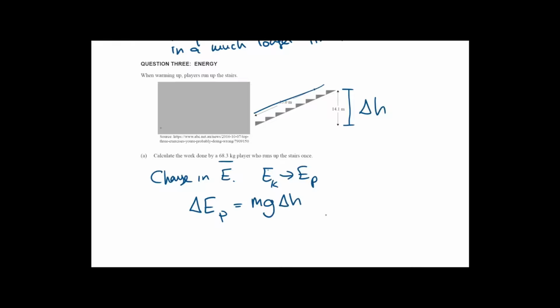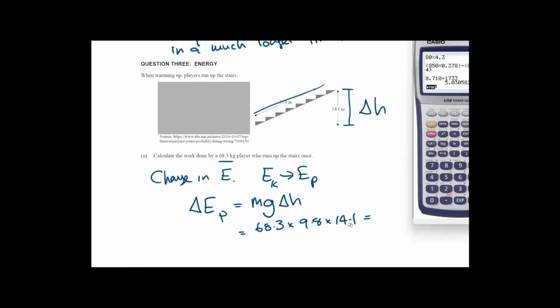And the work energy concept means that we can do that. So the mass is 68.3. The acceleration from gravity is 9.8. The change in height is 14.1 meters. They're all in SI units, so we can proceed with our calculations.